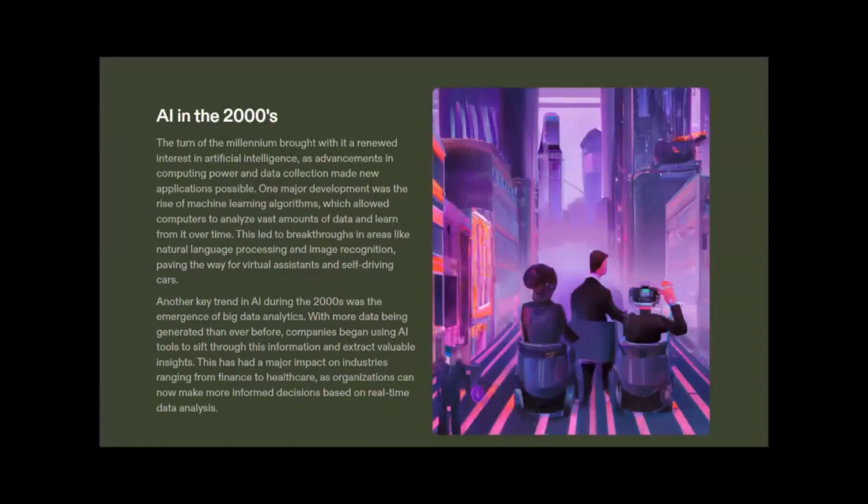AI in the 2000s. The turn of the millennium brought with it a renewed interest in artificial intelligence, as advancements in computing power and data collection made new applications possible. One major development was the rise of machine learning algorithms, which allowed computers to analyze vast amounts of data and learn from it over time. This led to breakthroughs in areas like natural language processing and image recognition, paving the way for virtual assistants and self-driving cars.